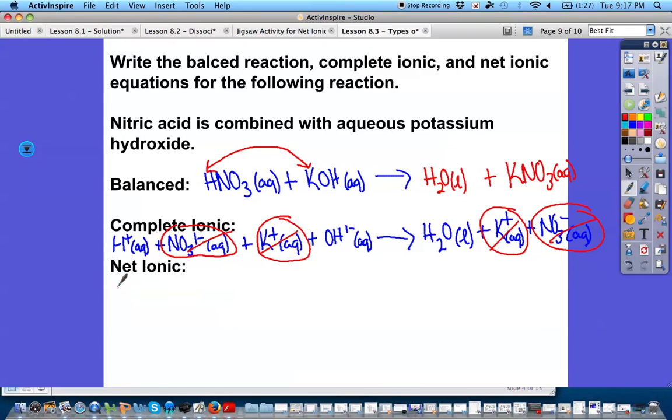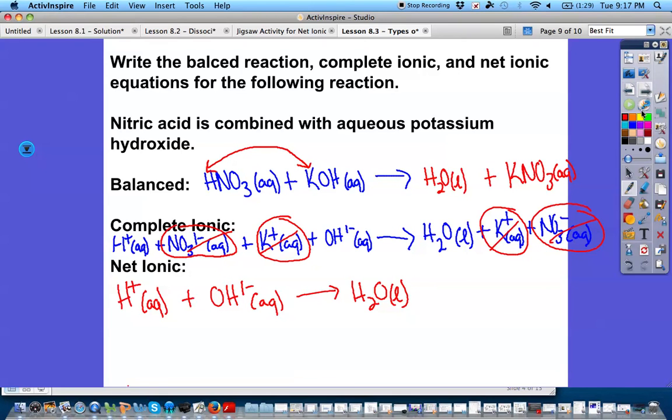And then my net ionic equation is going to be everything that didn't get canceled out. And there we are. We are finished.